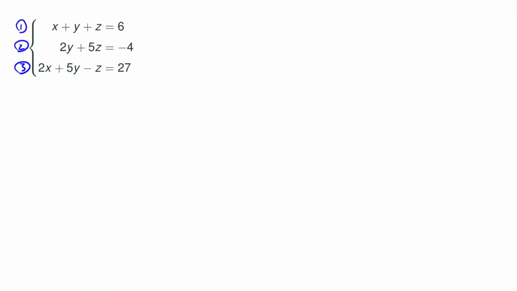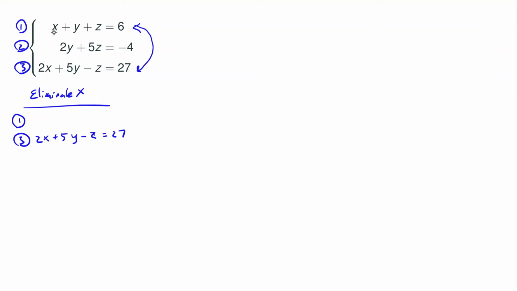For this one, the second one doesn't have x, so it would be very convenient for us to eliminate x using the first and third equation. So let's do that first. Let's eliminate x on the first equation and third equation.